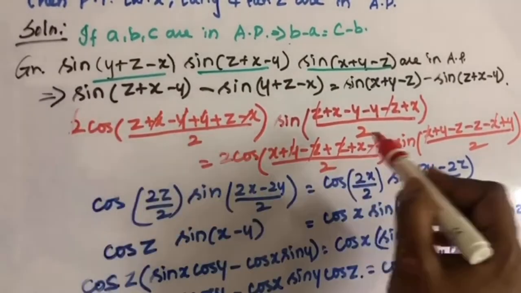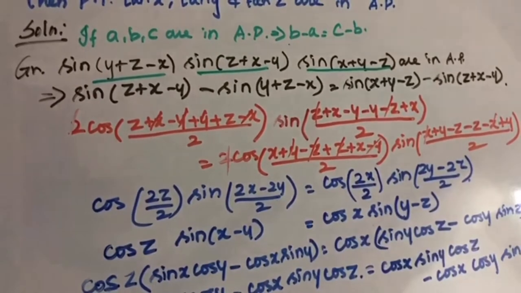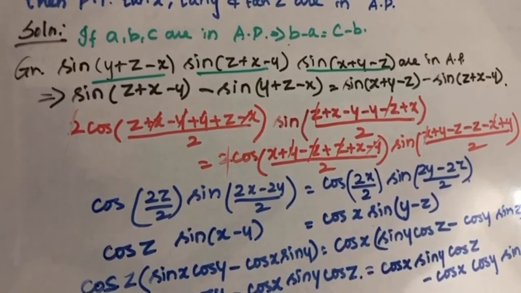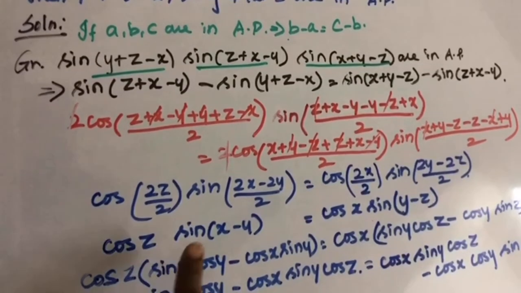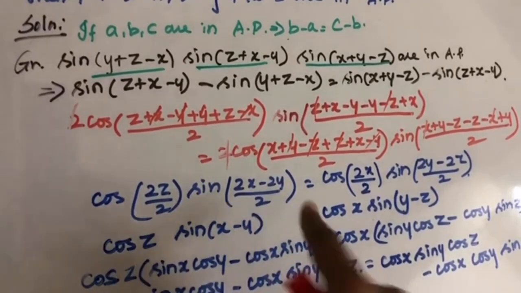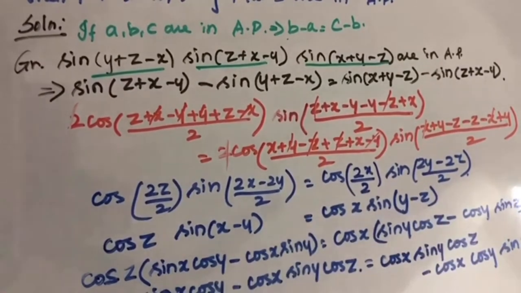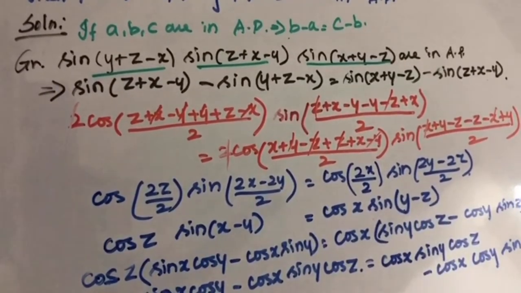Here 2 and 2 will get cancelled. So cos(2z by 2) sin((2x minus 2y) by 2), cos(2x by 2) sin((2y minus 2z) by 2). So 2 and 2 get cancelled, it is cos z sin(x minus y). Here all the 2s cancel. Here cos x sin(y minus z). Here also all the 2s cancel. So y minus z.